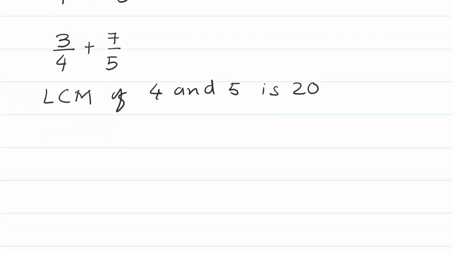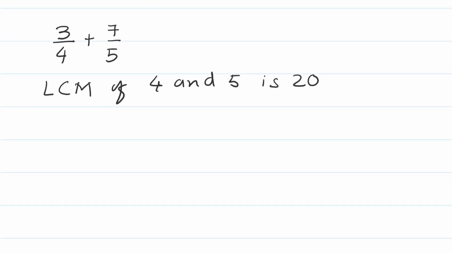So before adding two numbers 3 by 4 and 7 by 5, we will change their base without changing value. 3 by 4 can be written as 3 by 4 into 5 by 5. Multiplication and division are equal and opposite. The effect produced by multiplication is neutralized by division. So 3 by 4 is the same as 3 by 4 into 5 by 5. Similarly, 7 by 5 is equivalent to 7 by 5 into 4 by 4.